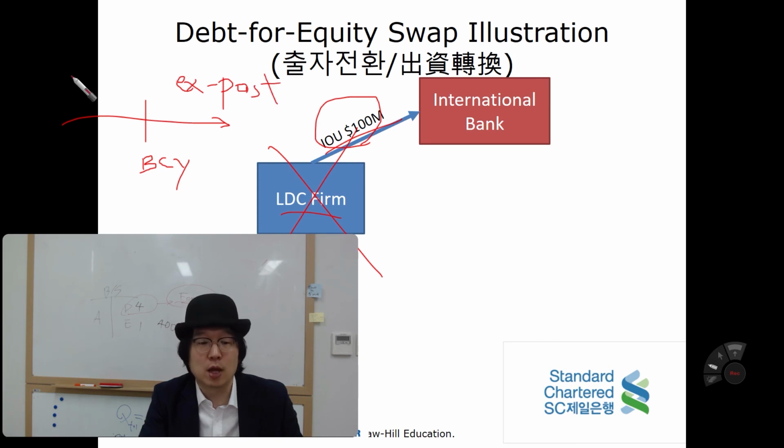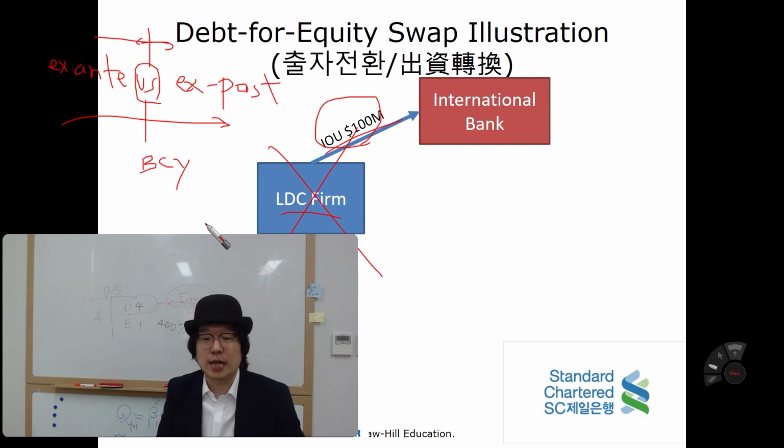In contrast, the situation before declaring bankruptcy is called ex ante, before something happened. Ex ante versus ex post is a very important distinction in economic discussion. Beforehand or afterwards.